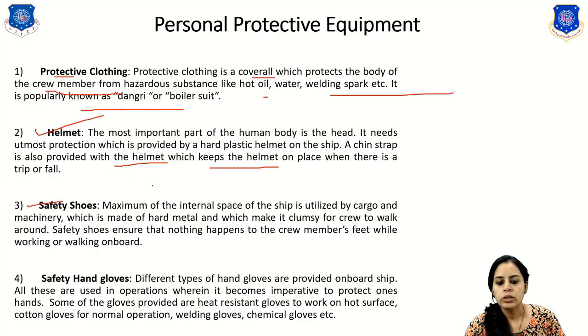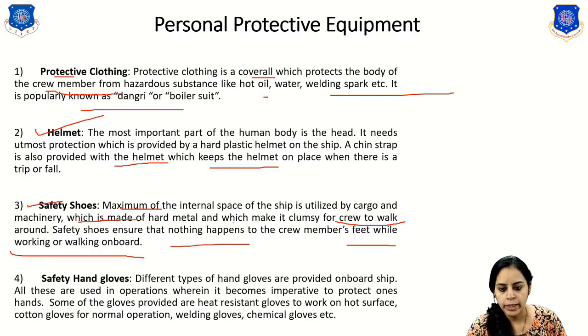Then safety shoes. The maximum of the internal space of the ship is utilized by cargo and machinery made of hard metal, which makes it clumsy for a crew member to walk around. So the safety shoes ensure that nothing happens to the crew members' feet while working on board.